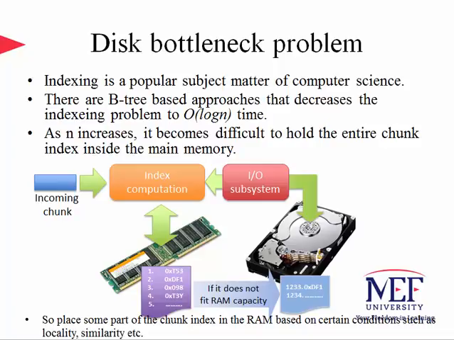The part that does not fit will automatically be paged to the disk, which has slower I/O. This means we need to initiate I/O with the disk subsystem, which will take maybe 10, maybe 20 times more time to access data, write, and read compared to RAM accesses. This gap in performance creates latency issues with the deduplication system, which is known as the disk bottleneck problem.